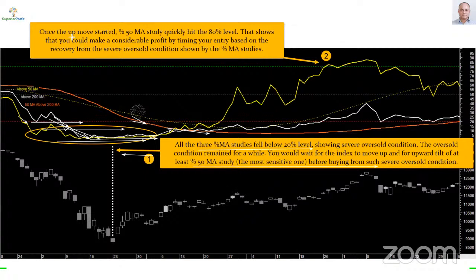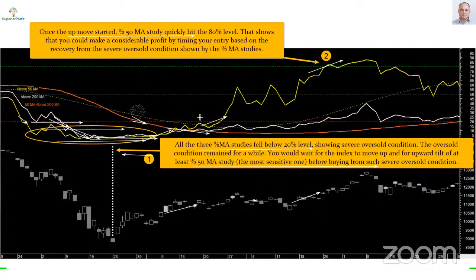And point number 2, once the up move started, the percentage MS study quickly hit the 80% level. Amazing, isn't it? It crossed the 20% level here and hit the 80% level quite quickly. The index might not have gone up so much, but internally, I'm not sure, because the chart may be compressed on the candle chart.